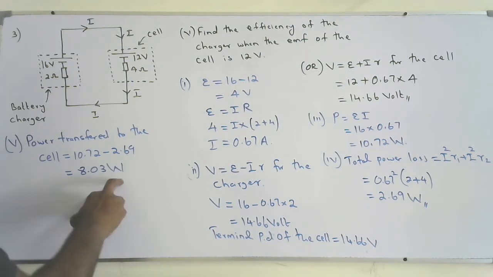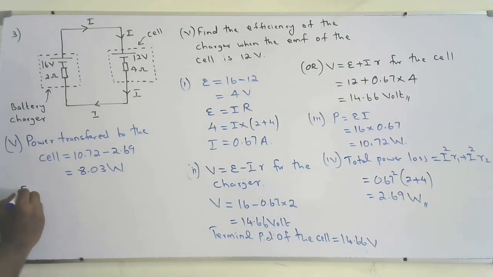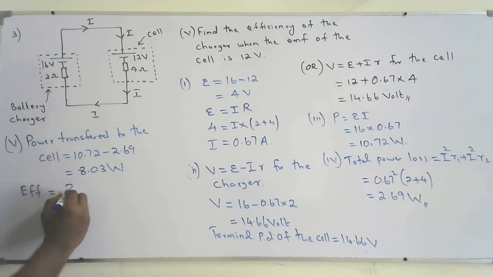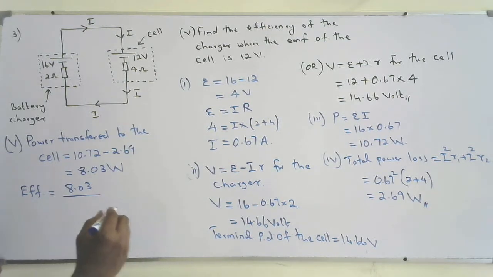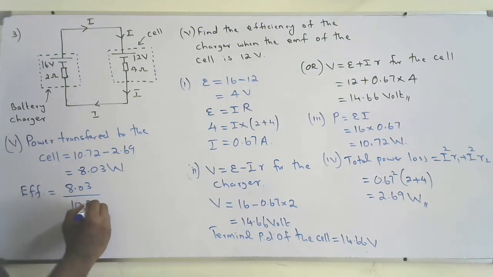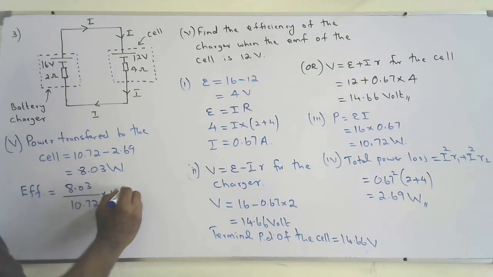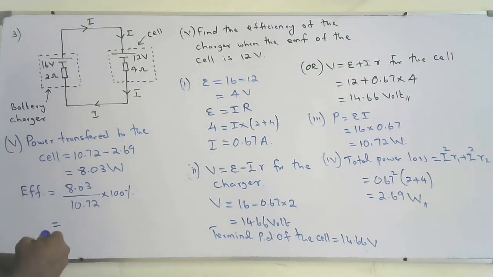So that will be 8.03 watts. So efficiency is the power transferred divided by the power generated, 10.72, into 100%. So that will be 74.9%.